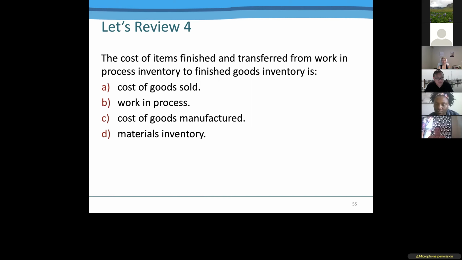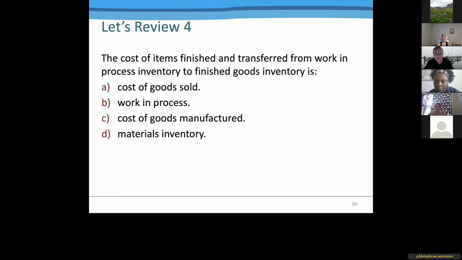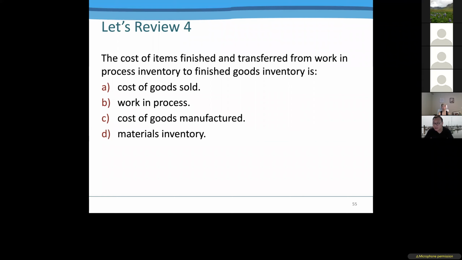Okay, the cost of items finished and transferred from work in process inventory to finished goods inventory is, okay. Anyone else? Yeah, I think it's cost of goods sold as well. Okay. So far, everyone who raised a hand has already participated, so I'm trying to give somebody who hasn't participated yet.